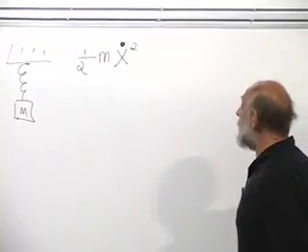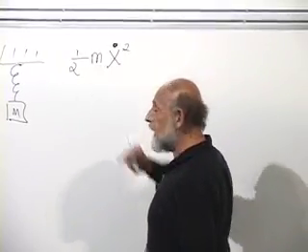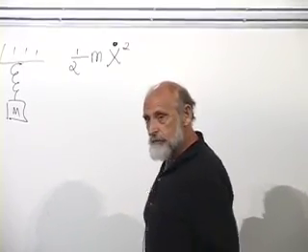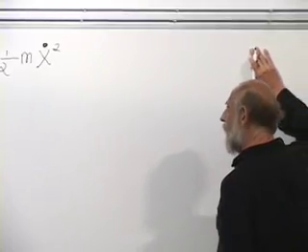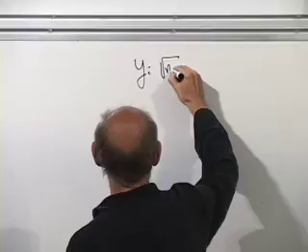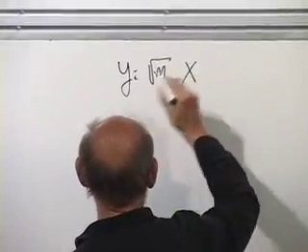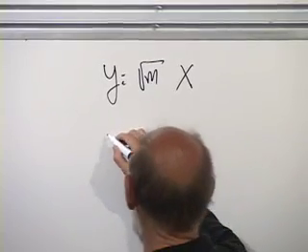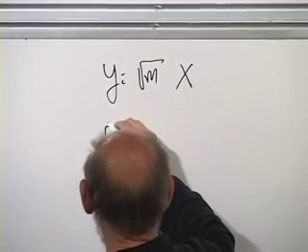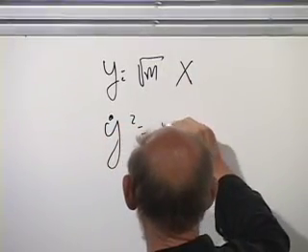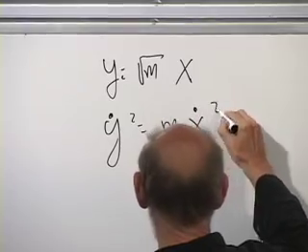I can always do that even if the mass is not equal to 1. All I have to do is define a new coordinate. For the moment, let's call it y. Take y to be equal to the square root of m times x. What is y dot squared? Y dot squared is equal to m times x dot squared.